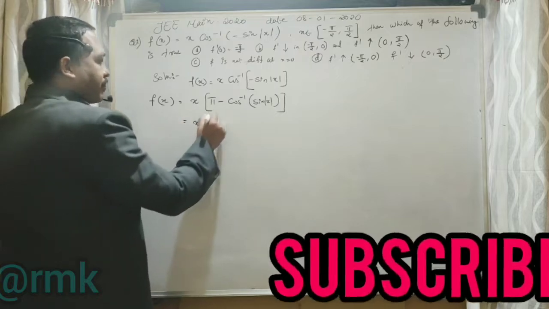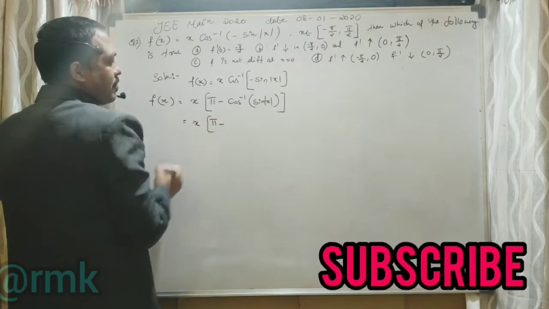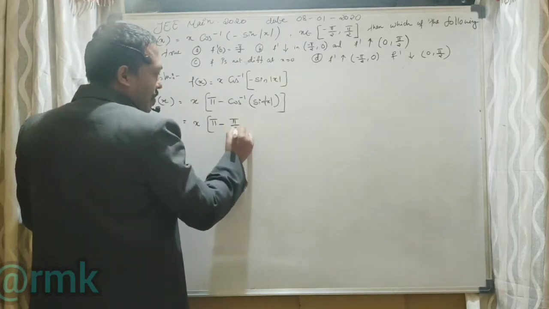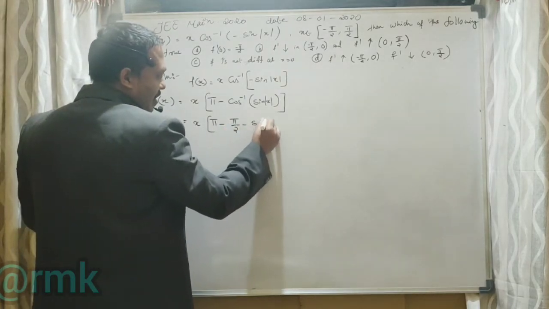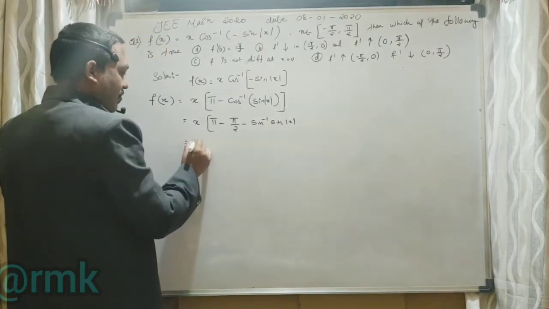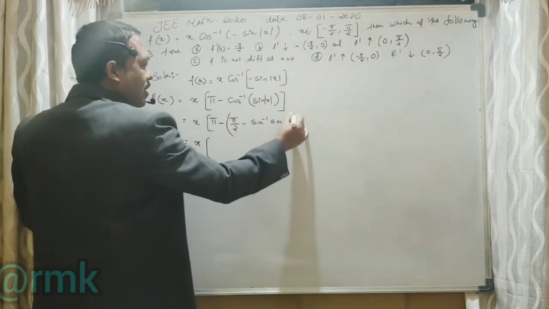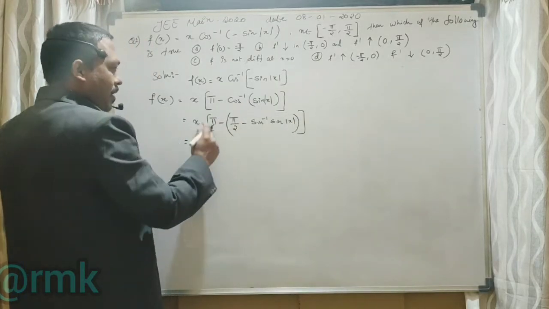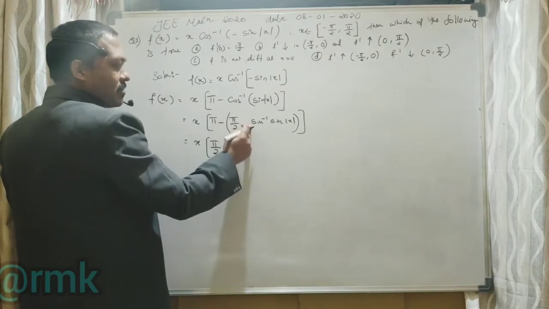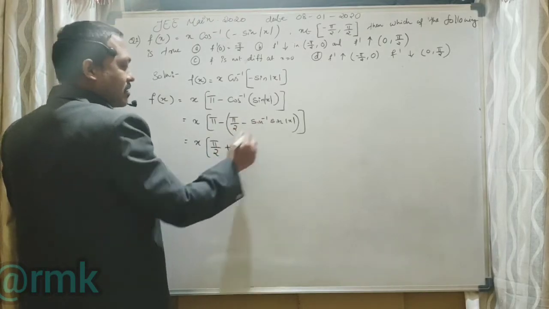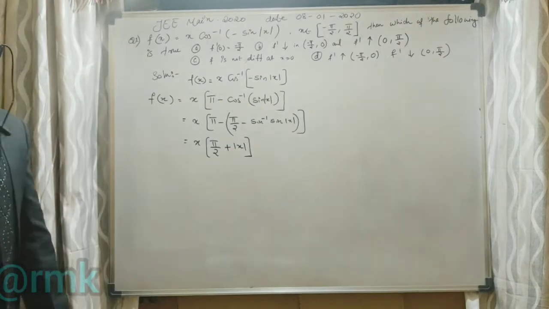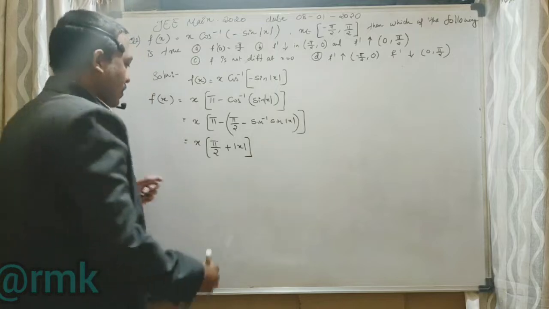So x into pi minus cos inverse sin modulus x, which is converted into sine inverse: pi by 2 minus sine inverse sine modulus x. That is x into pi minus pi by 2, and pi minus pi by 2 is pi by 2. Minus minus is plus, sine inverse sine is cancelled. So it is simply x into pi by 2 plus modulus x.